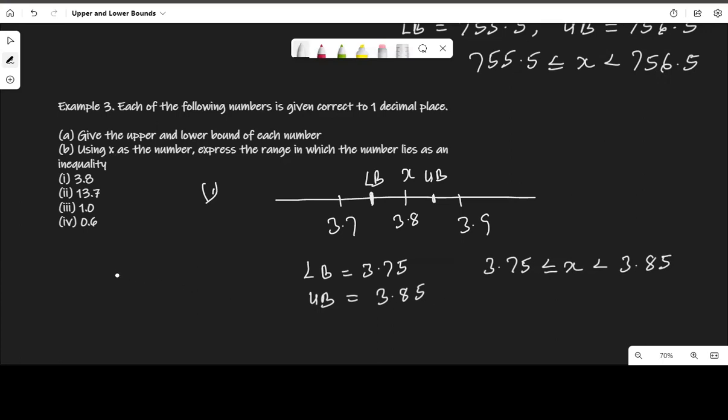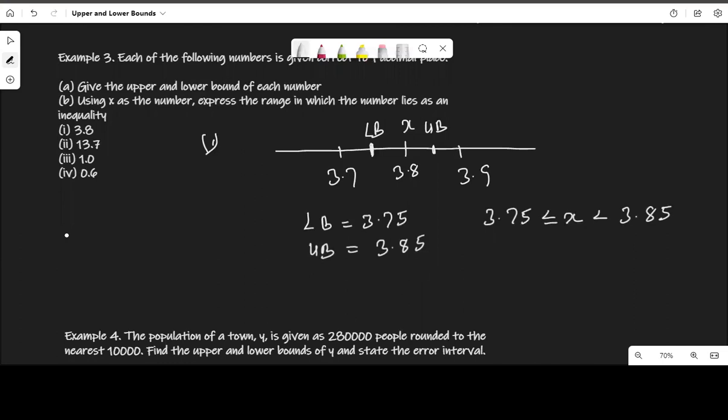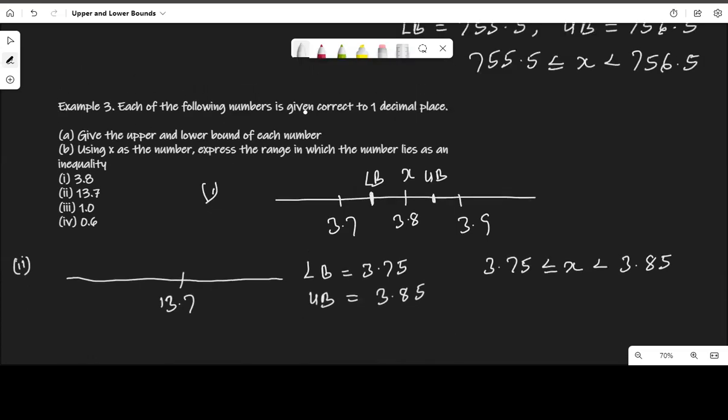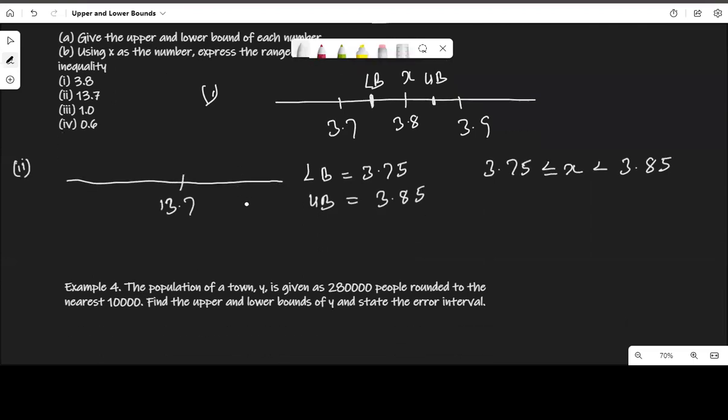And let's do question II here. For II, we have 13.7. Since we are working to the nearest tenth, or to 1 decimal place rather, the next number to that will be 13.8.